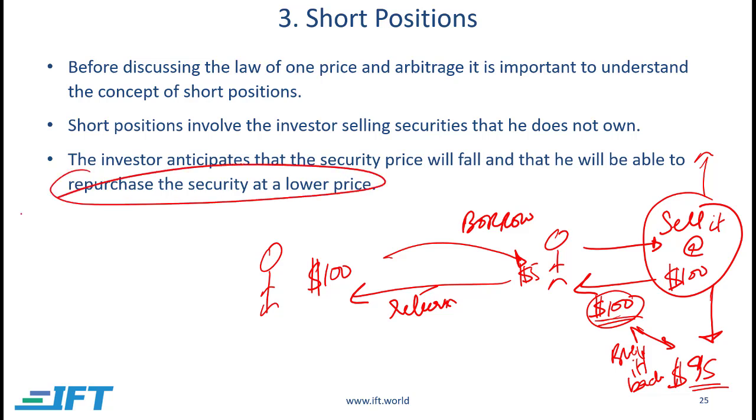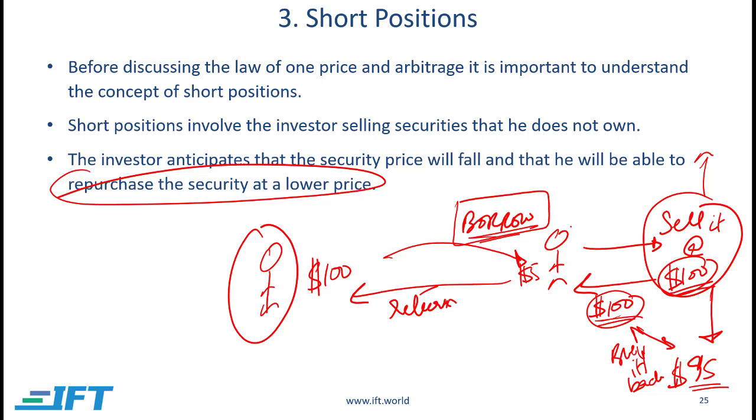Another thing to be taken into account here is that if during this time this bond pays any coupons, obviously we have sold this bond, so we're not going to get those coupons, right? But you will tell me, hey, listen, that bond you've borrowed from me, I just heard that it paid a coupon. So can you please give that coupon to me, because it's my bond that you've borrowed, right?